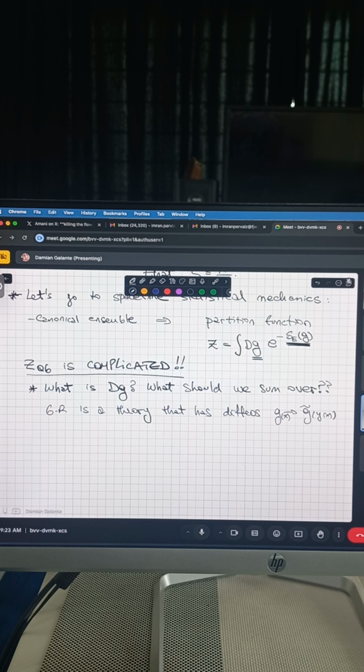We are just changing the way in which we describe it. So in this sense, G and G tilde are the same metric. And so this dg over here should be summing over inequivalent metrics.